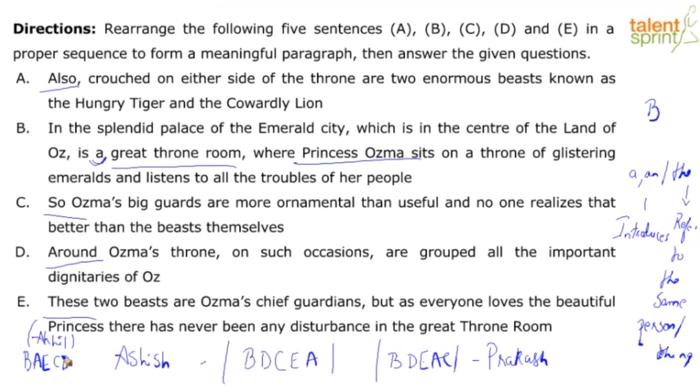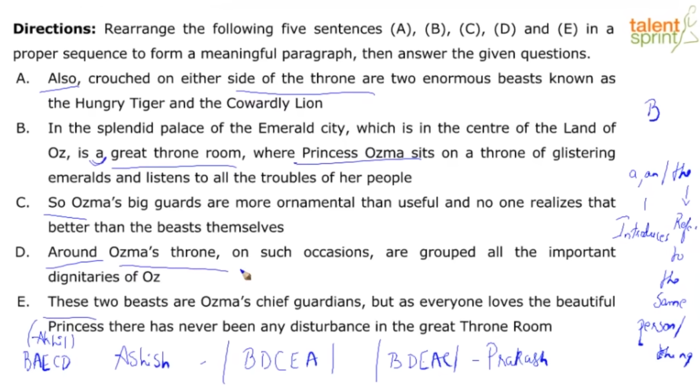So, another tip for you to definitely freeze on this being the topic sentence is, why? Because if you look at the majority of the sentences, they will have the main essence or the main keyword of the passage highlighted, which means it will be repeated. If you look at A, I have side of the throne. Except for C, D is talking about the throne.